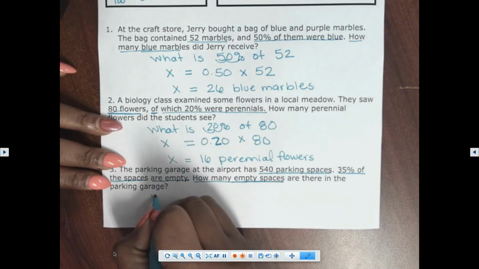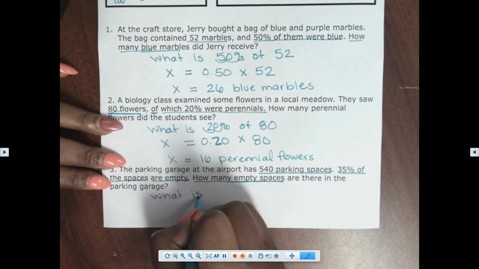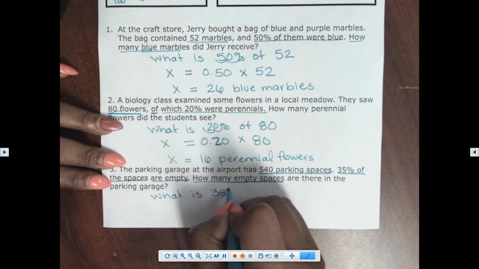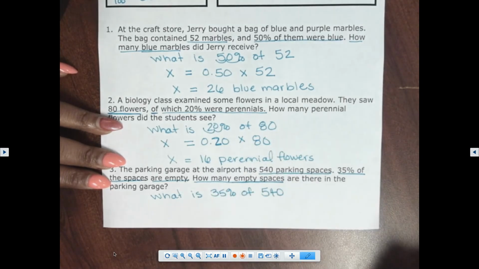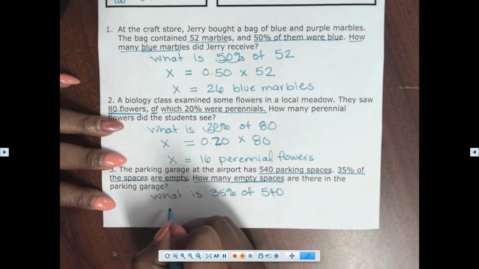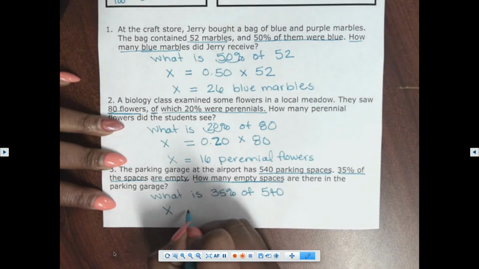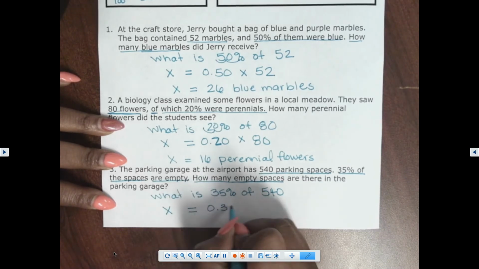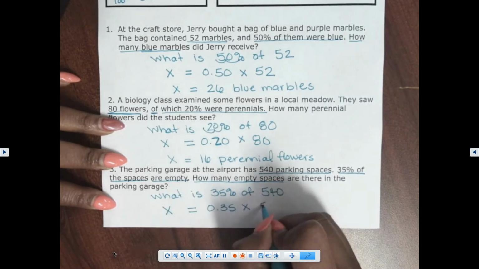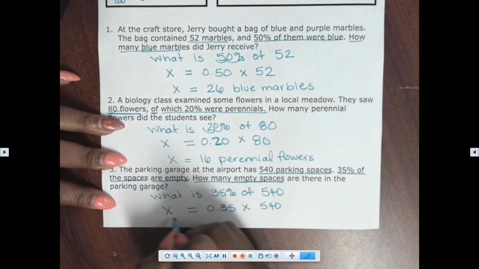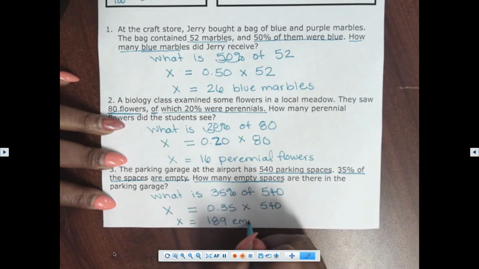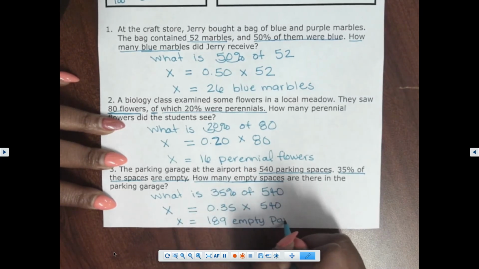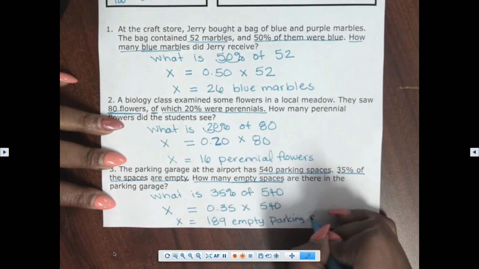So this is saying, what is 35% of 540? And what, being X, is equal to 0.35 of 540. I put that into my calculator, and X is 189 empty parking spaces.